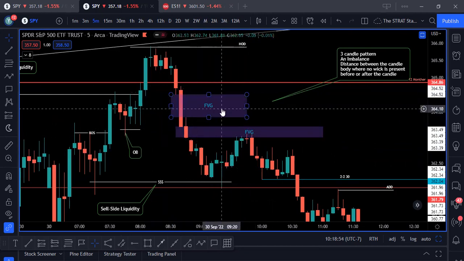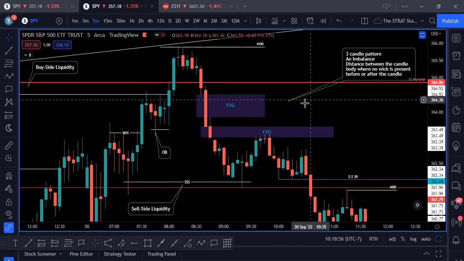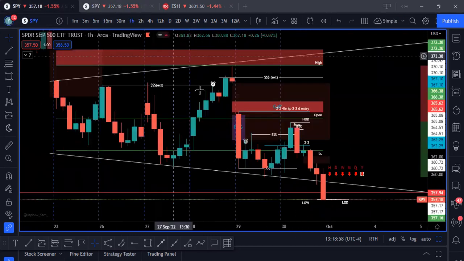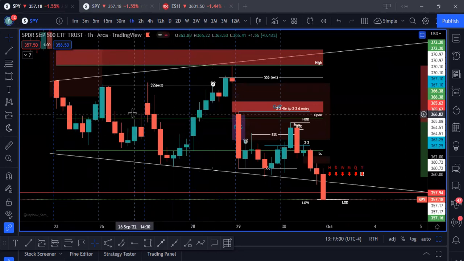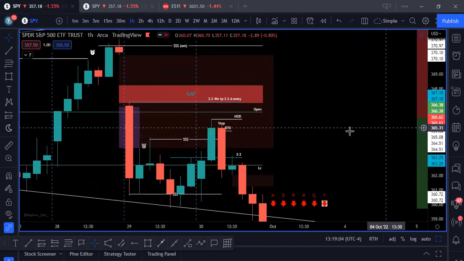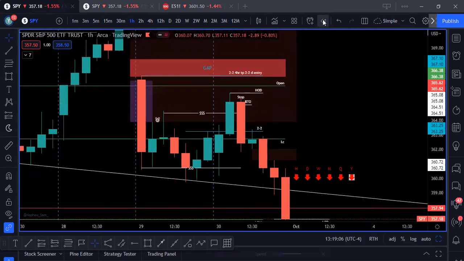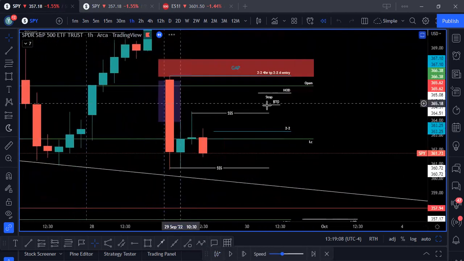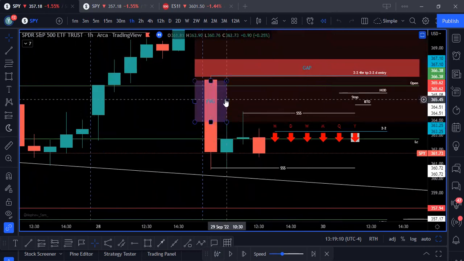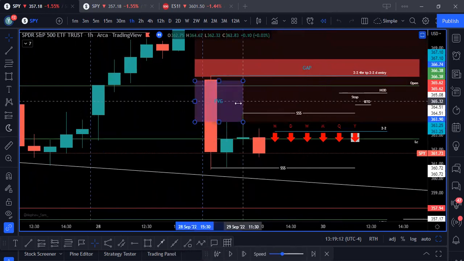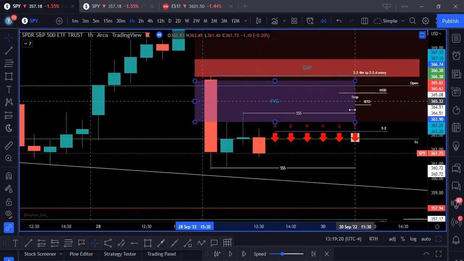You can have smaller ones, like on this 5 minute, or you can also have bigger ones, like this one, which was on an hourly time frame. So we had this one that was created, going back in time, on the hour, it was like this. And then it started getting poked into by these candles as the days went on.